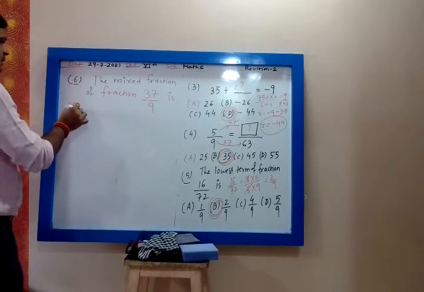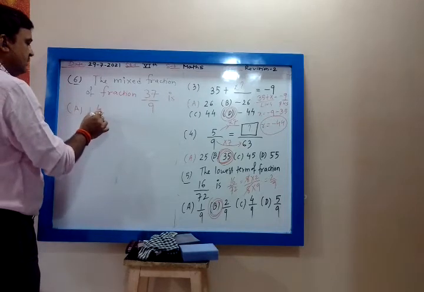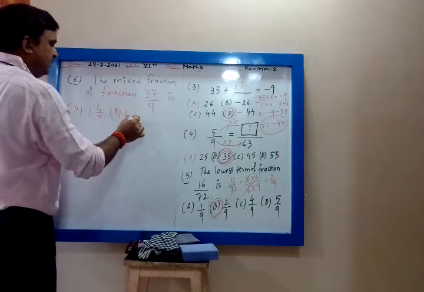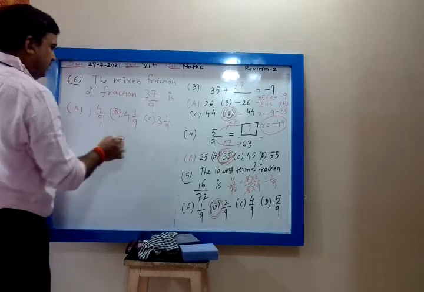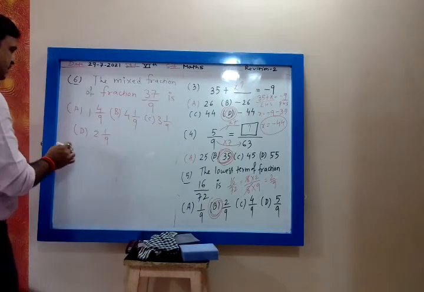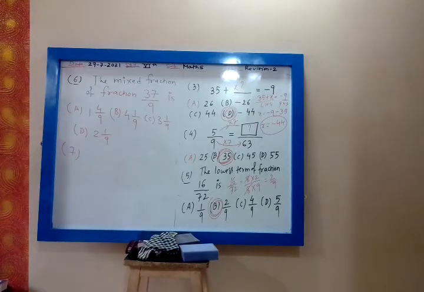Option A, 1 and 4/9. Option B, 4 and 1/9. Option C, 3 and 1/9. Option D, 2 and 1/9. Okay. So we have to convert this improper fraction into a mixed fraction. Then seventh.